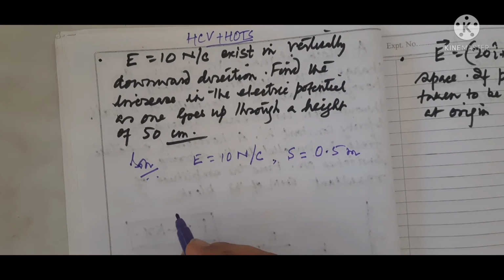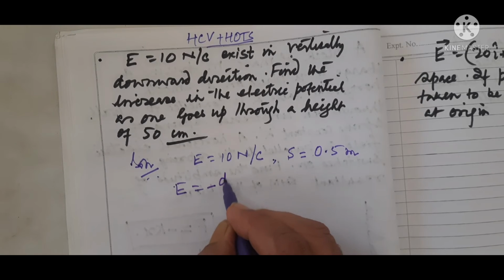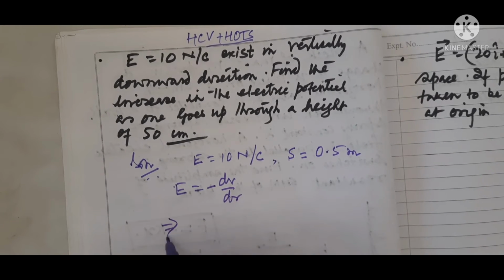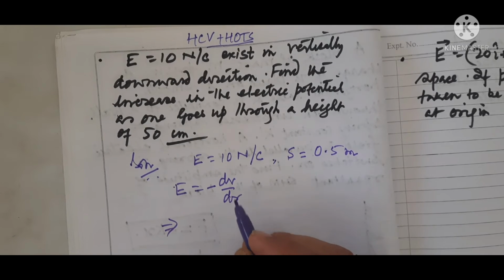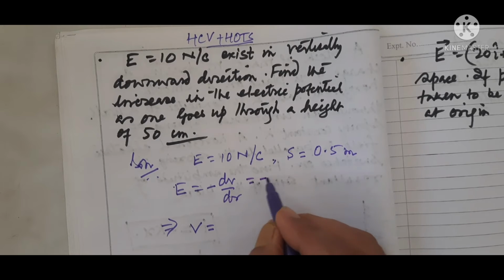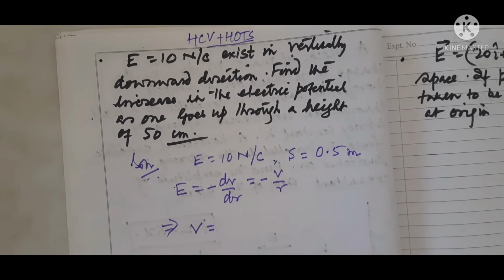Our purpose is to find the potential at that height. We know a very important formula, E = −dV/dr. If potential and distance are going to vary, then only it applies. Otherwise, we can write it as V = E × r if the variation is negligible.